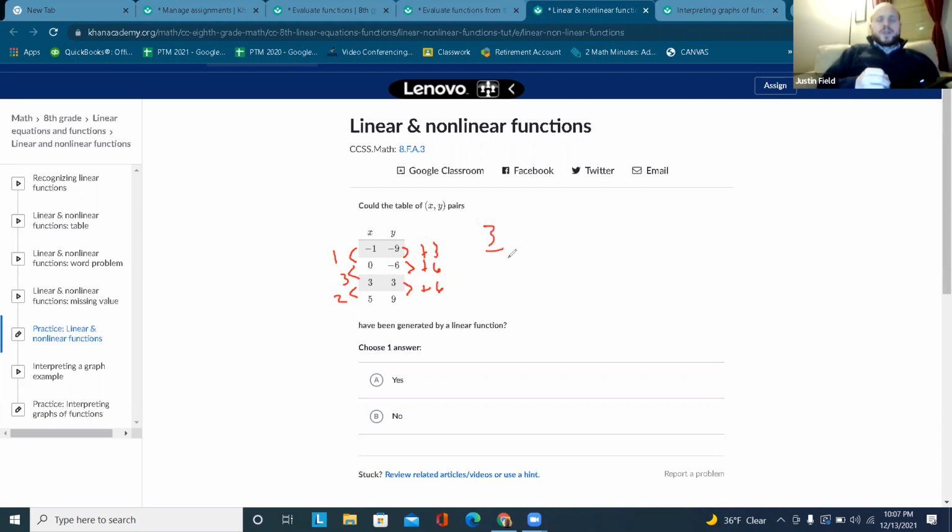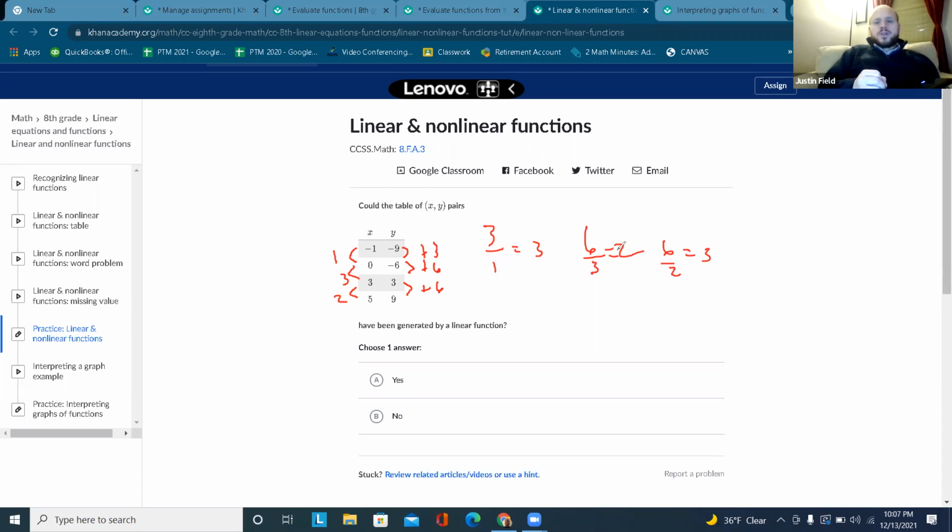What I can do is put my y over x in each case, and I should get equivalent fractions. And if I don't, then I know it's nonlinear. 3 over 1 is 3. 6 over 3 is 2. And 6 over 2 is 3.